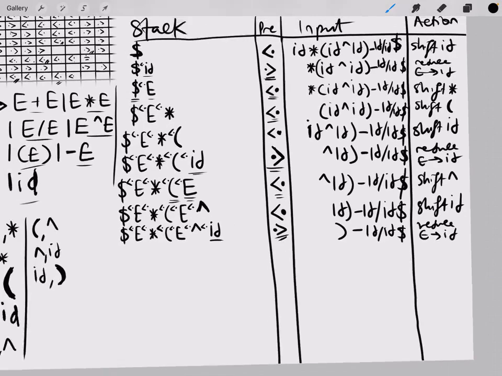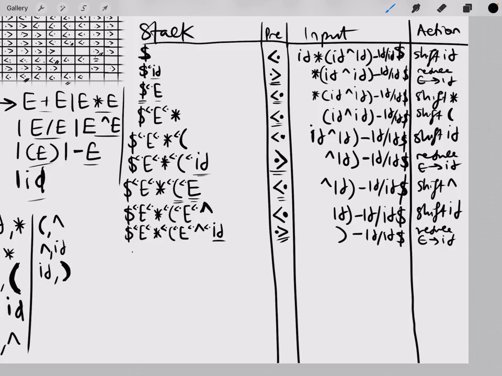Now since we are reducing E derives ID, we're going to have dollar sign. Now we're ignoring this and going back to the previous operator, which is this. But what is on the top of this guy? Yes, we have minus ID.